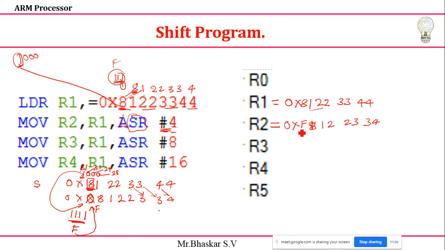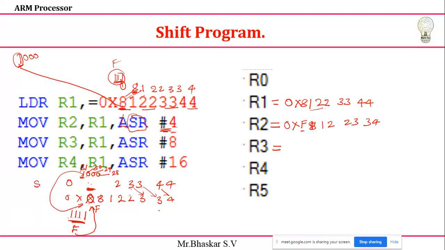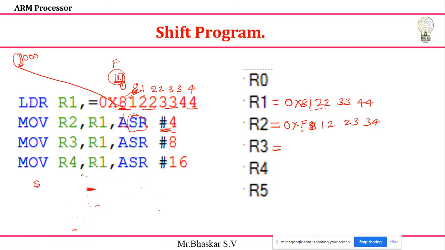Okay. So now you try for the R3 value. So directly you can write. Again I'll explain. Okay. See here what I'll do.